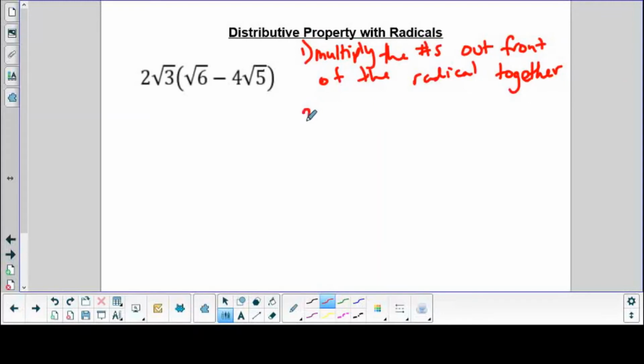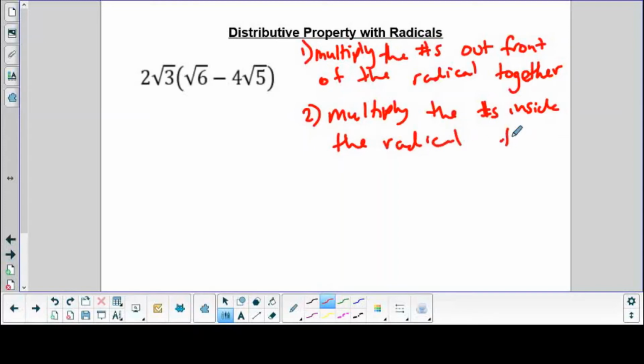The second step is to multiply the numbers inside the radical together.